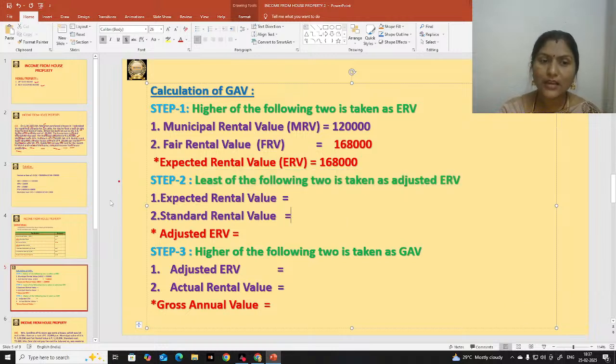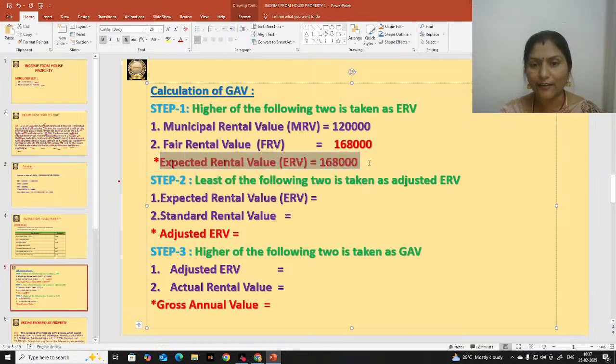First one is expected rental value, short form ERV. We don't have this in the question. This is the answer we found in step 1, expected rental value ERV 1,68,000.